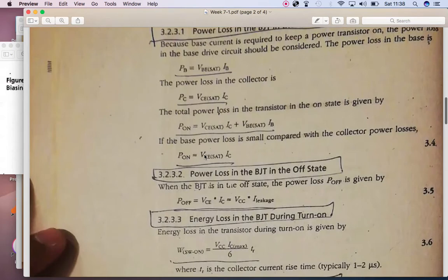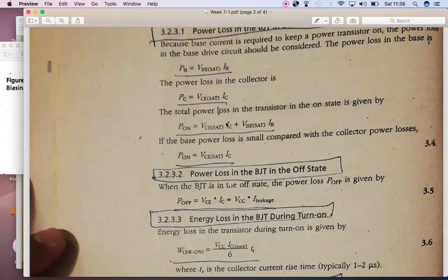So we have two formulas, and then we also have the formula of the on state power loss, which can be calculated by adding the above two values.